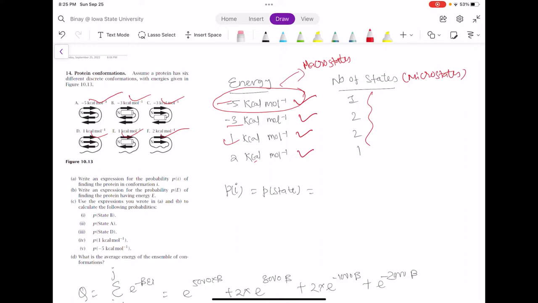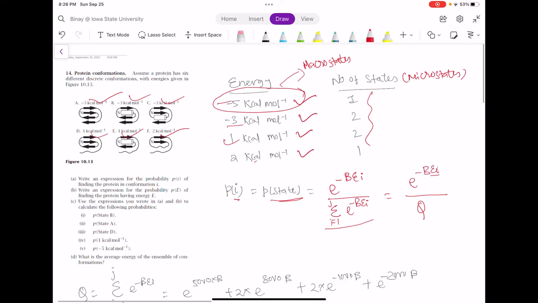Part A says: write an expression for the probability P of i of finding the protein in conformation i. We know from class that P of a given state is e to the power minus beta epsilon i divided by the summation of i from 1 to j of e to the power minus beta epsilon i.